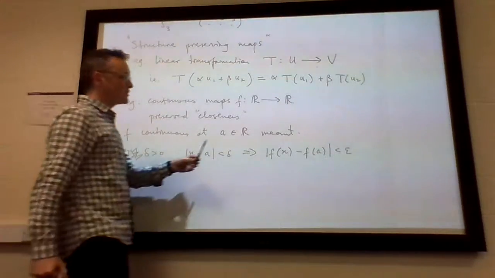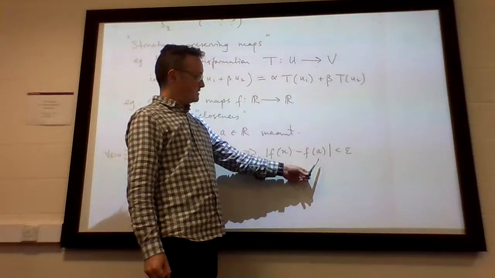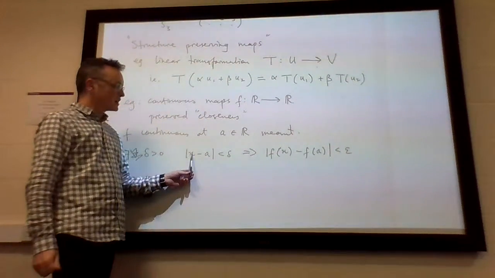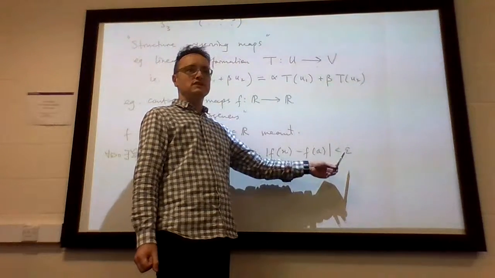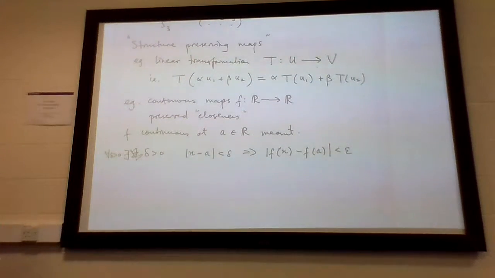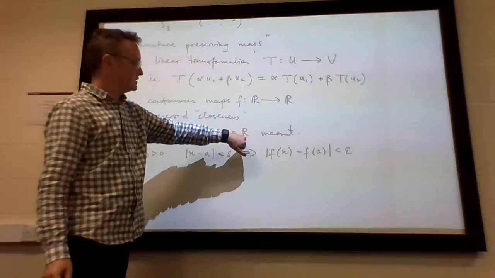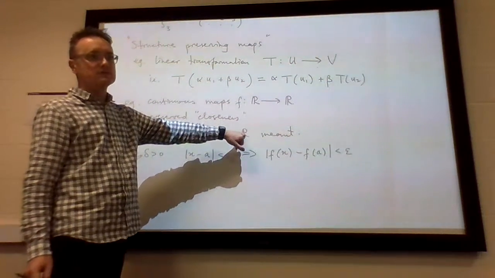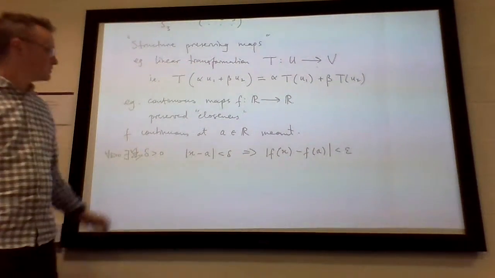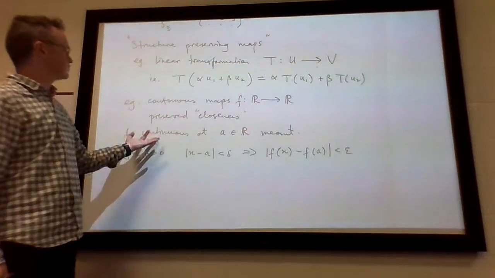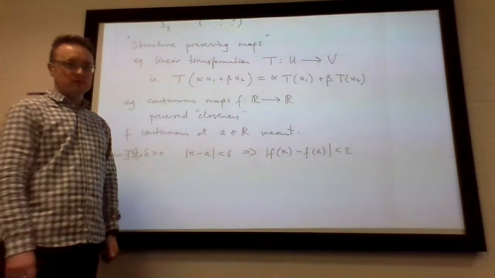If you were looking for images to be close to a particular image, F of A, then as long as you chose your argument close enough to A, that degree of closeness would be achieved. Okay. So the real numbers with their notion of closeness, which comes from the notion of distance in the real numbers, absolute value of the difference of two things. A continuous map was an example, a kind of realization of what we mean by a structure preserving map from the real numbers to the real numbers.